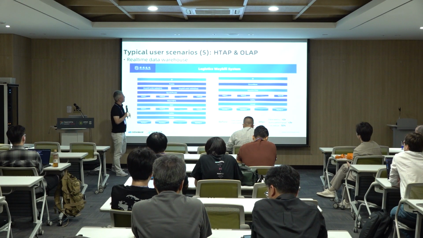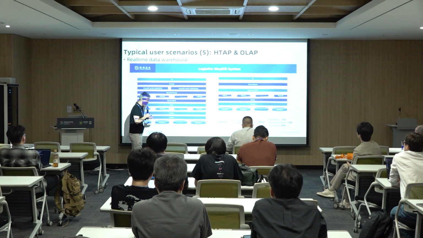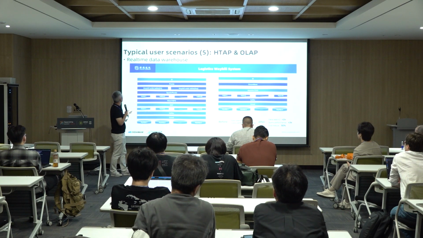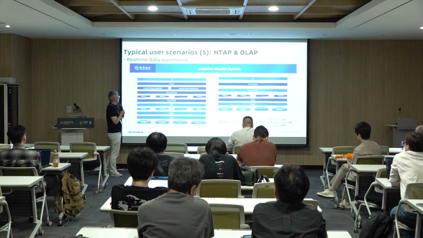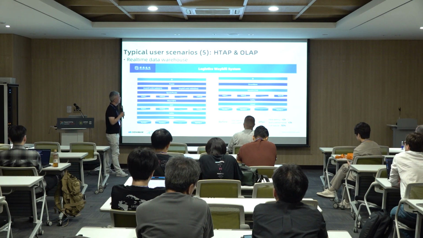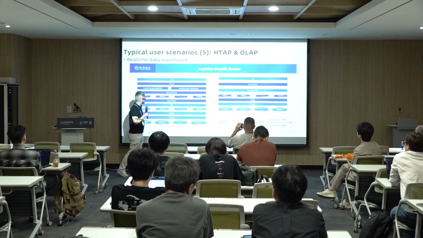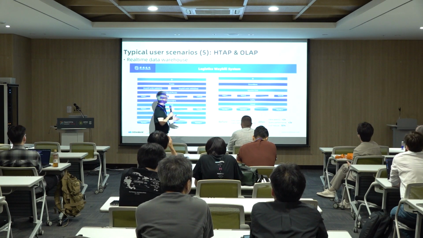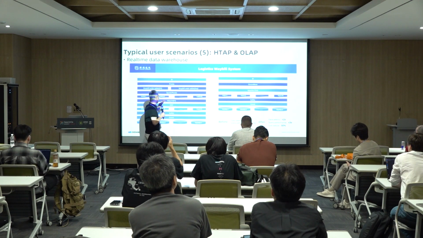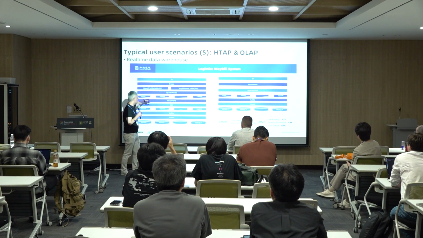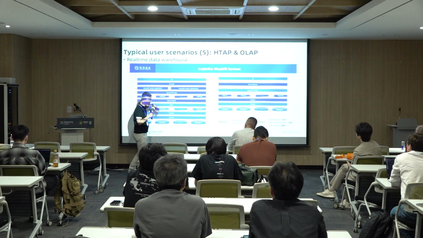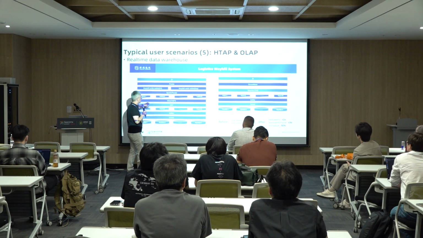The fifth scenario is about OLAP, especially real-time data warehouse in Kuayue Express. Kuayue is one of the biggest logistics companies in China. They used Hadoop before. Hadoop is pretty heavy and slow, and the data pipeline is pretty long.